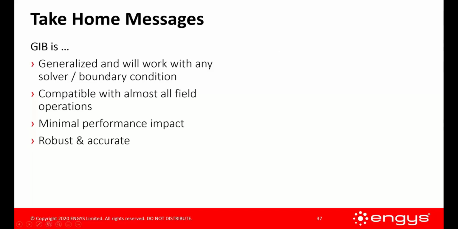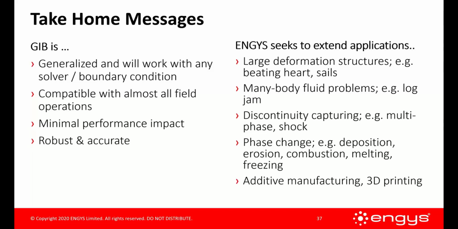And right now in the GUI, its uses are for walls, so dynamic motion of walls. Down the road, we'll extend it to different boundary conditions, and this is all dictated by how our customers would like to extend to particular applications.